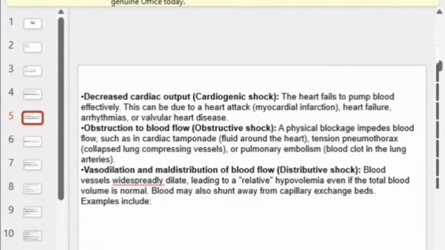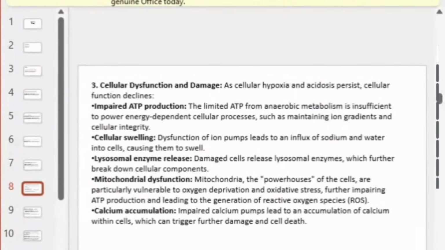Thirdly, cellular dysfunction and damage. As the hypoxia, due to lack of sufficient oxygen, escalates and acidosis persists, cellular function will be reduced, and this will impair ATP production and might also lead to cellular swelling.